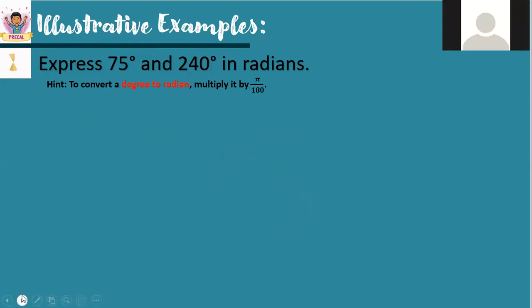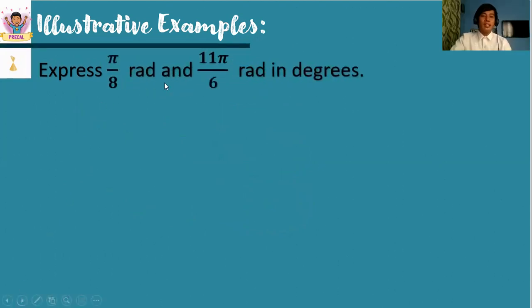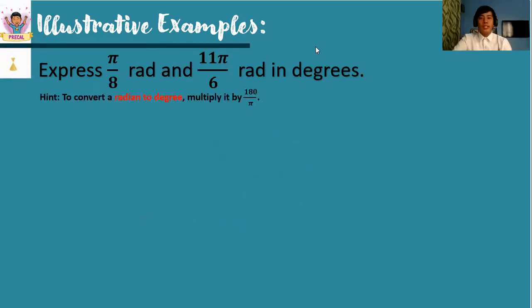Let's have the next one. Express pi over 8 radians and 11 pi over 6 radians in degree measure. Our hint is to multiply by 180 over pi.